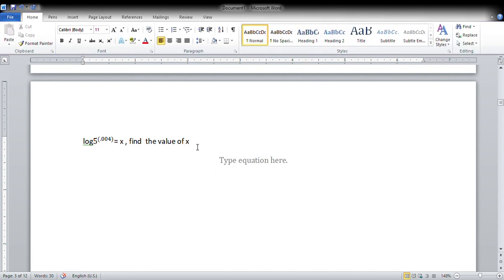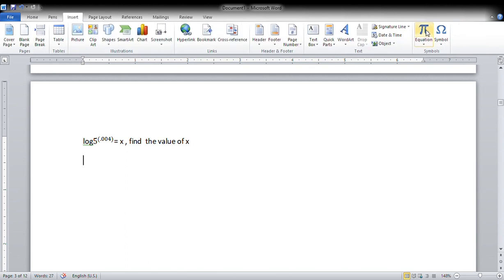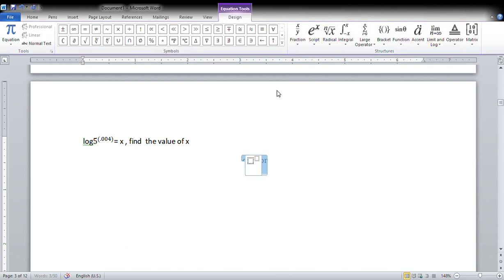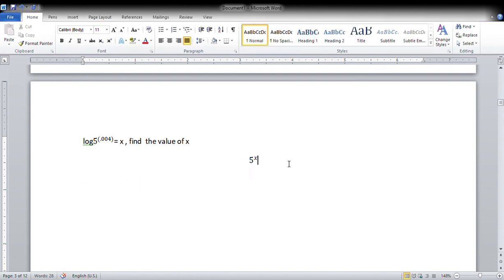So simply you can write it with the base 5: 5 to the power x is equal to 0.004, right?